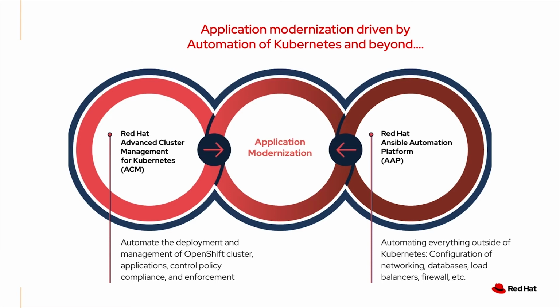But right now it's in tech preview. What the Red Hat Ansible Automation Platform integration does, as you might have guessed, is interface with Red Hat Ansible Tower. So we can have pre and post application interfaces or hooks.